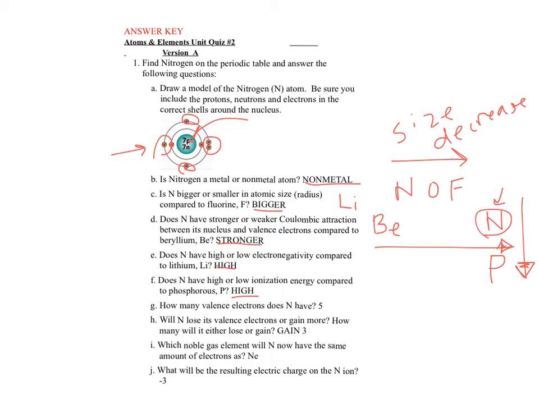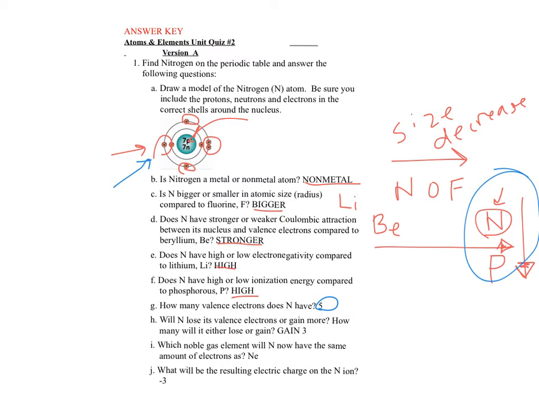In 1G, it asks how many valence electrons does nitrogen have? Well, if you drew your picture correct for 1A, you're going to see your 5 valence electrons. So nitrogen has 5 valence electrons. And remember, he's on that right-hand side, that's very attractive and very strong.